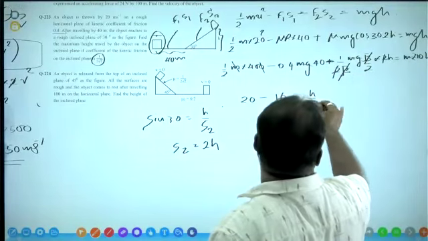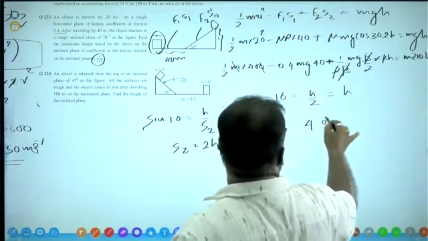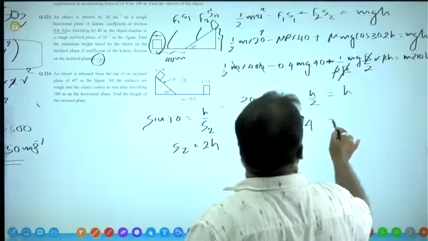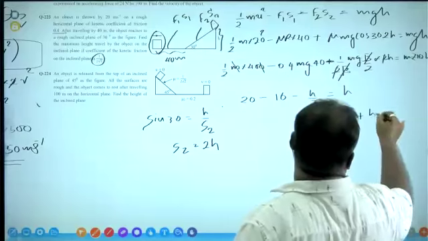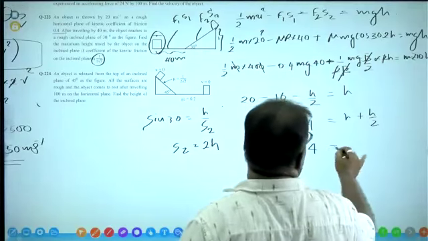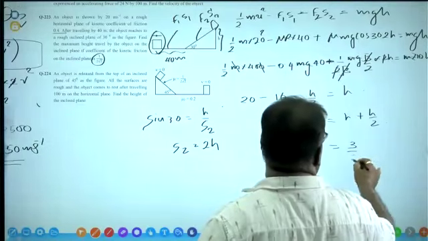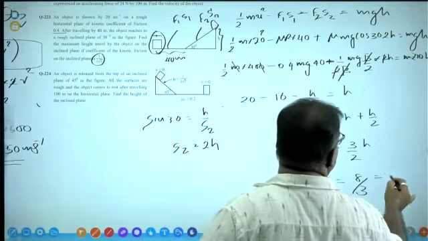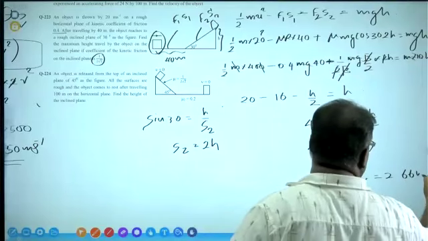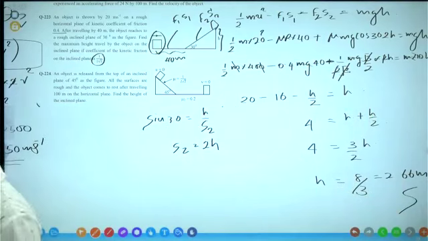Here h by 2, equate here h. Then here 4 equals h plus h by 2, no? 4 equals 1.5 h, then h becomes 8 by 3, 2.66 meters is the vertical height reached by the object.